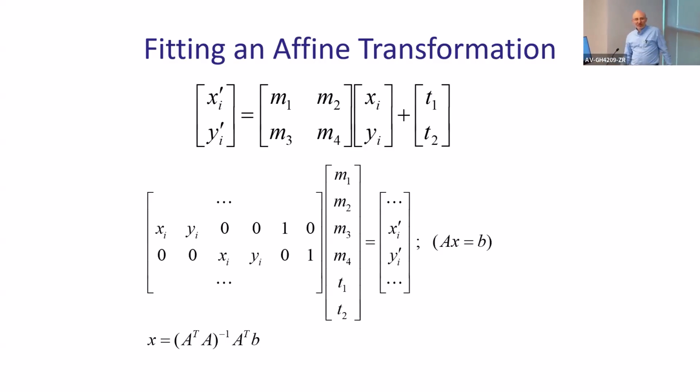So I want to write something in the matrix A times the z vector equals the z vector of measurements with primes. So let's say, what is xi prime? If you're looking at that equation, the first equation here, xi prime equals m1 times xi plus m2 times yi plus t1, right? This is my first equation in that affine transform. So I'm trying to replicate exactly the same thing with that first line.